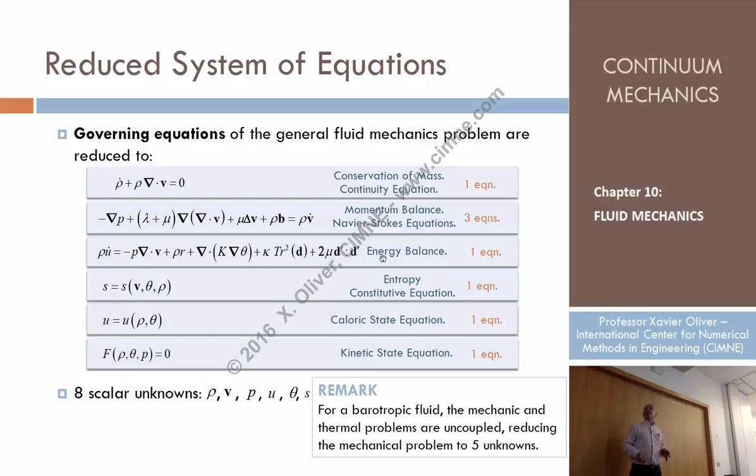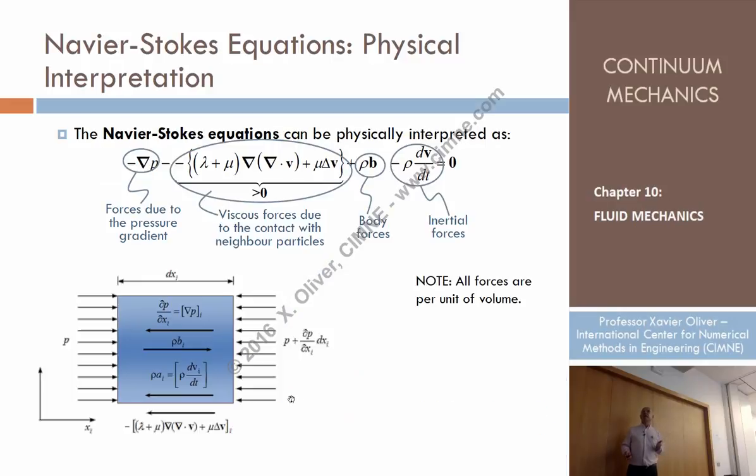The energy balance, the entropy constitutive equation, the caloric state equation, the kinetic state equation. What we have removed from here are the stresses. The stresses don't appear here. So now that means that instead of 11, we have now 8 scalar equations, 8 partial differential equations, with unknowns which are the density, the velocity, the pressure, the internal energy, the temperature, and the entropy. Okay?